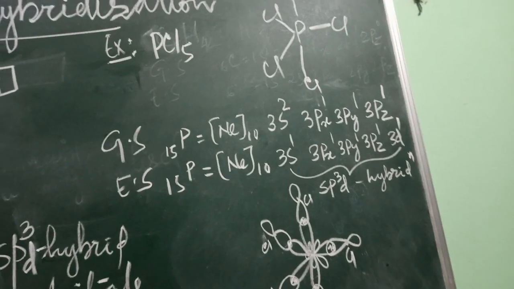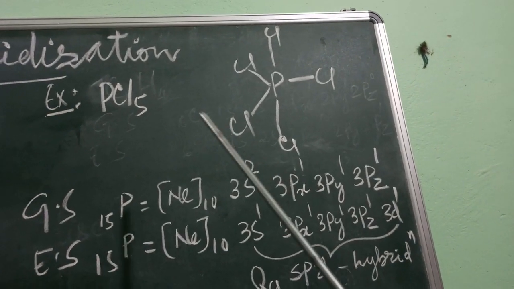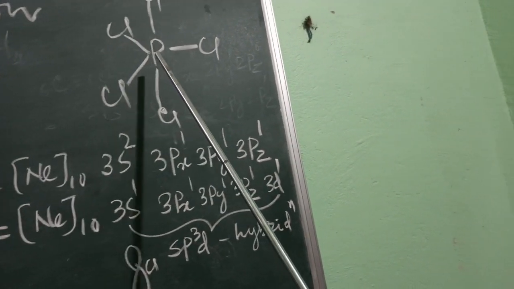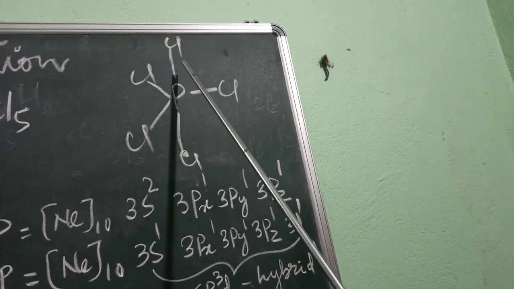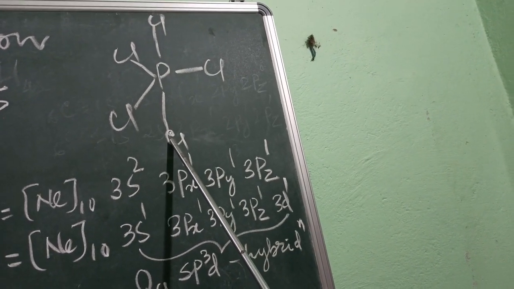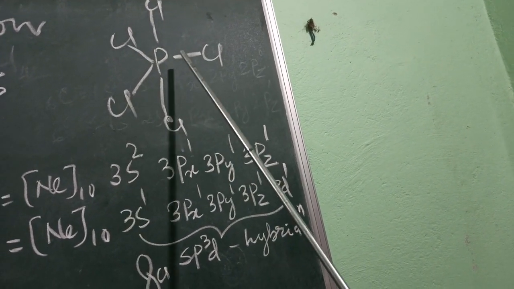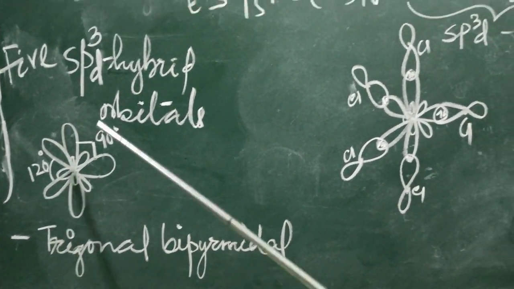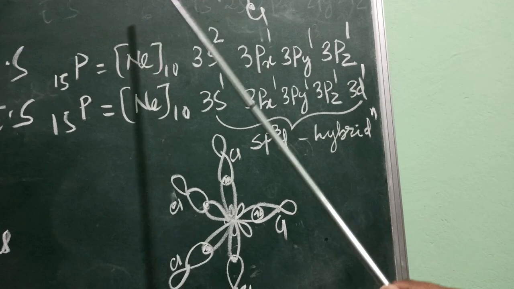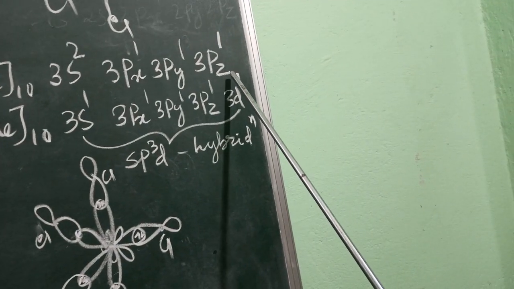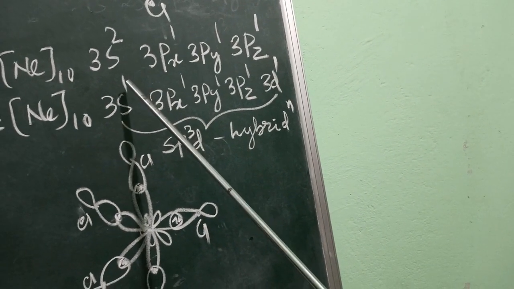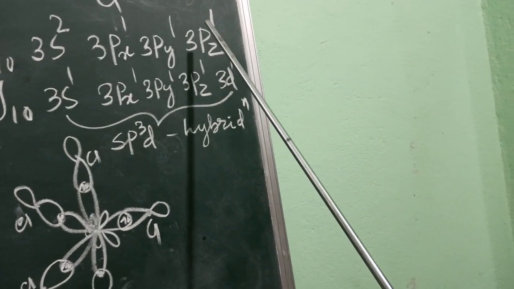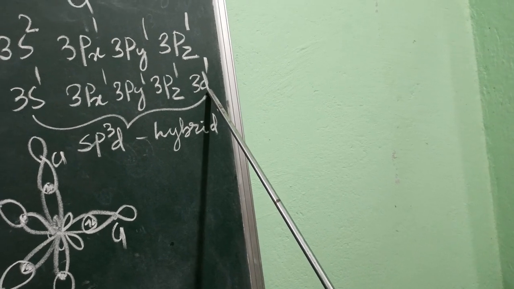As an example, we can take phosphorus pentachloride. The central atom is phosphorus. The bond pattern is like this. These 2 are the axial chlorines. These 3 make the trigonal plane. Okay. So the central atom phosphorus, its ground state electronic configuration is like this. 1 electron from the s having 2 electrons is excited to the 3d orbital.